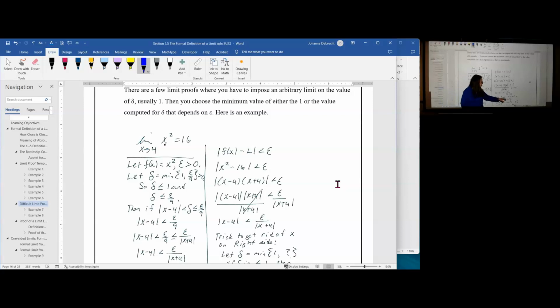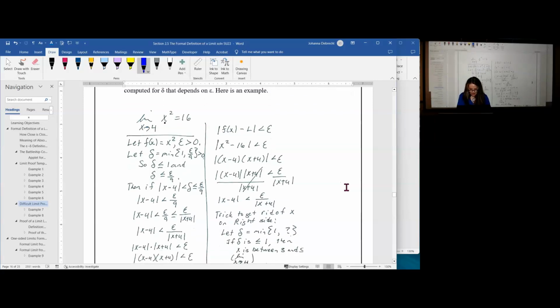The problem is that this representation also depends upon x, and that's not allowed. It has to be a constant with epsilon, or epsilon squared, or the square root of epsilon. Cannot have the variable x involved. So here's the technique that we use to get rid of the x on the right side.